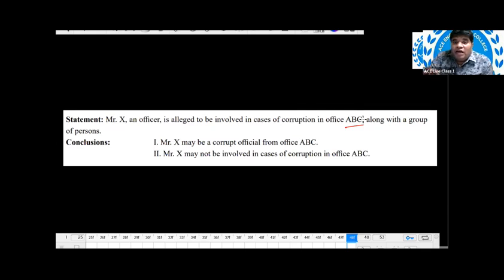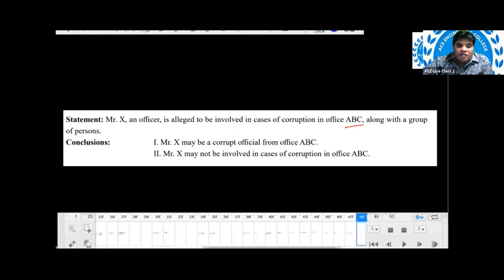Otherwise, X may not be involved in the cases of corruption in office ABC. So what does the option mean? May, either or. So maybe like that or this side. The concept's terminology is different, that's why it is confusing.